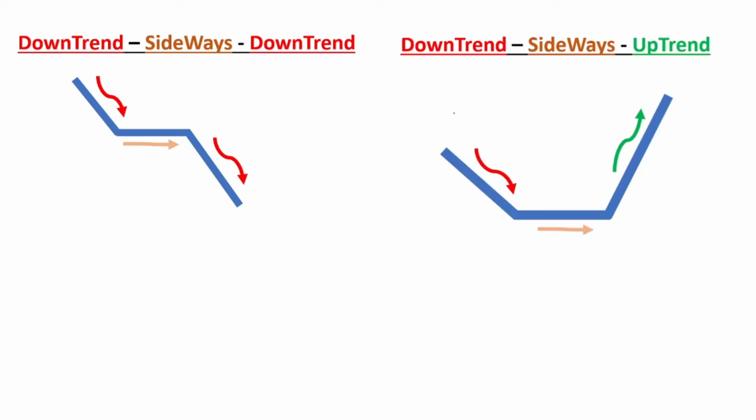And let's look at another possible scenario when the market is falling and moves sideways for some period of time, and then there is a trend reversal and it continues upside, right? So we say this is a change in the trend. Earlier it was a downtrend and then after sideways there is an upward rally, so this is called a change in the trend or a reversal in the market.